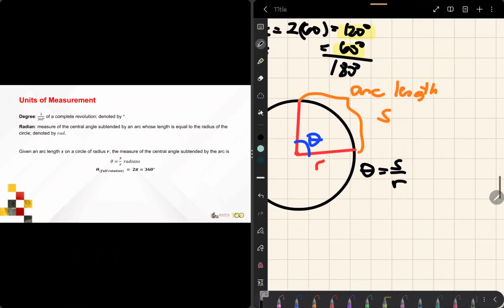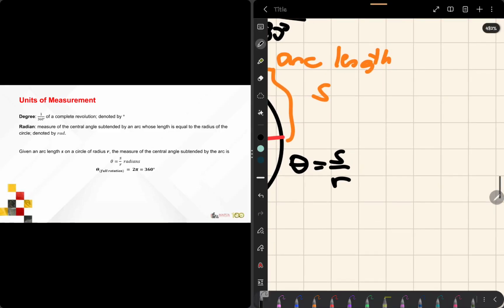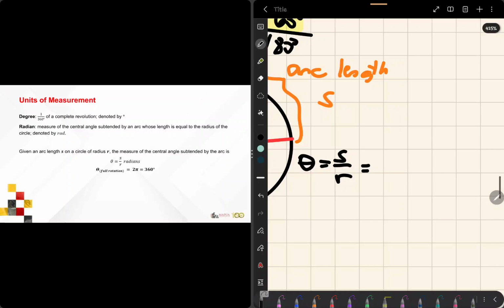Quick note, if you can observe from this, we have S, the arc length, which could be in meters since it is a length, and our radius could also be in meters. If we cancel out our units, it will be unitless. So in higher math or in college, we sometimes denote radians, especially when we are dealing with circles.